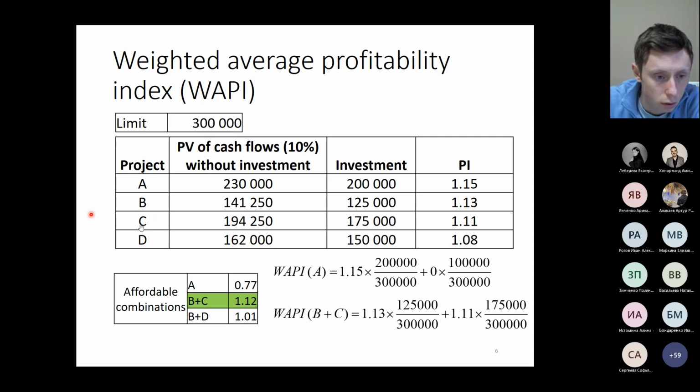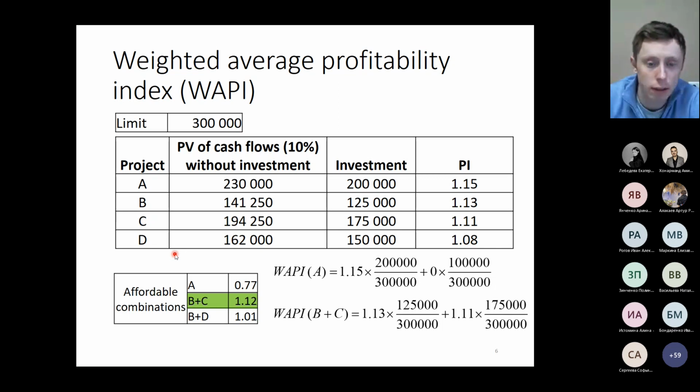Sorry, but how is the PI for B and D projects calculated? In this slide or in the previous? Then another question: how can we calculate the PI for two projects if the sum of investments in the table is bigger than the limit?